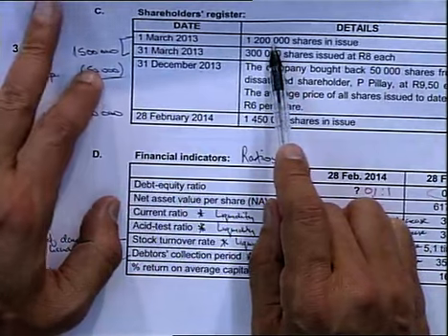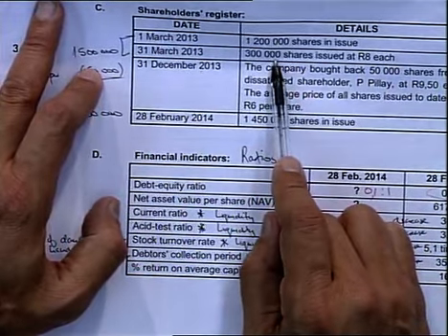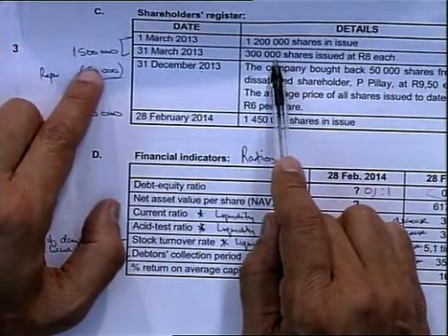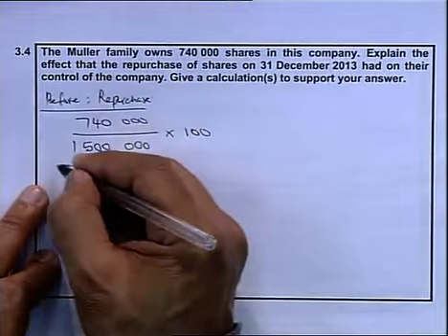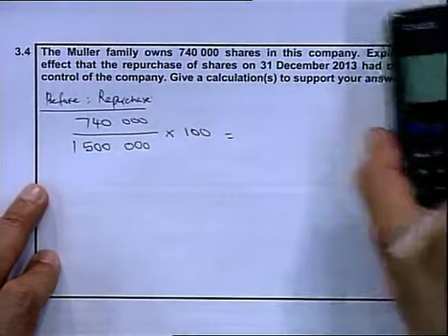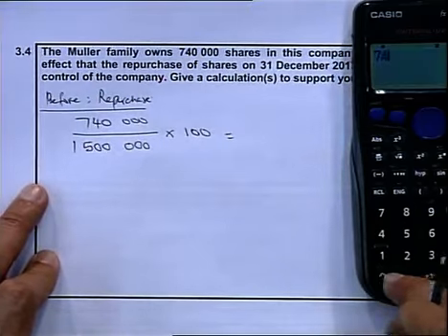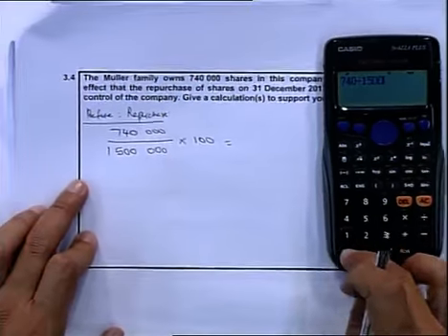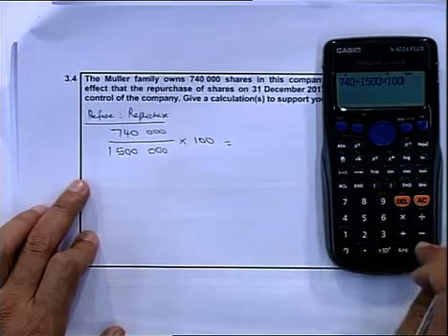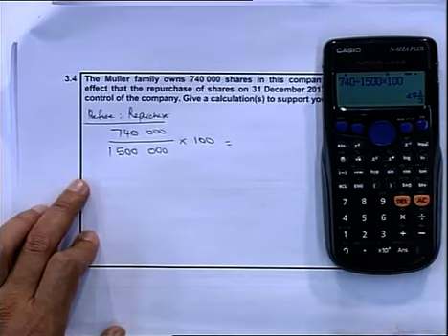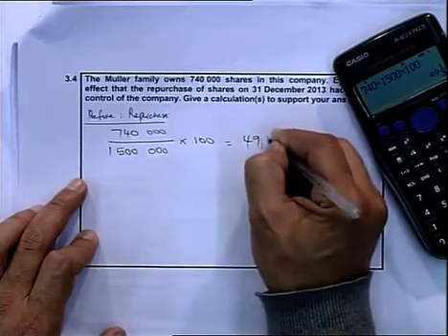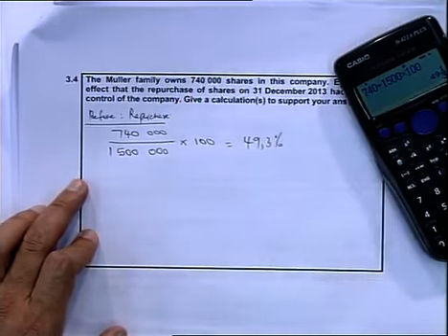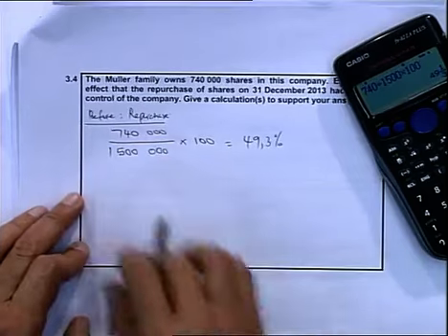We started with 1.2 million, and then we issued the extra 300,000, so we came to 1.5 million. So this is before the buyback. If I calculate that, it's going to be 740 divided by 1.5 million times 100. It's giving me 49.3%. That is before the buyback.